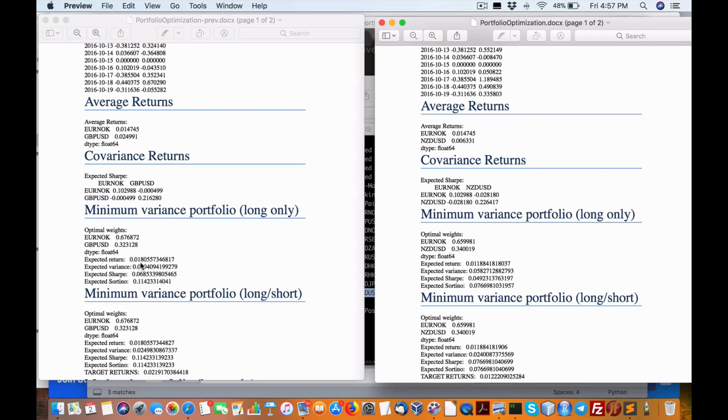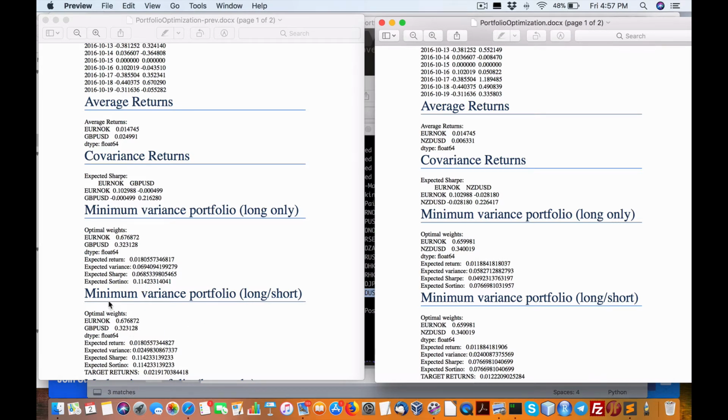So here we get 1.8% expected return on the long only, giving us a Sharpe ratio of 6.8, as well as, if these remain in a low volatile environment, 11.4%.